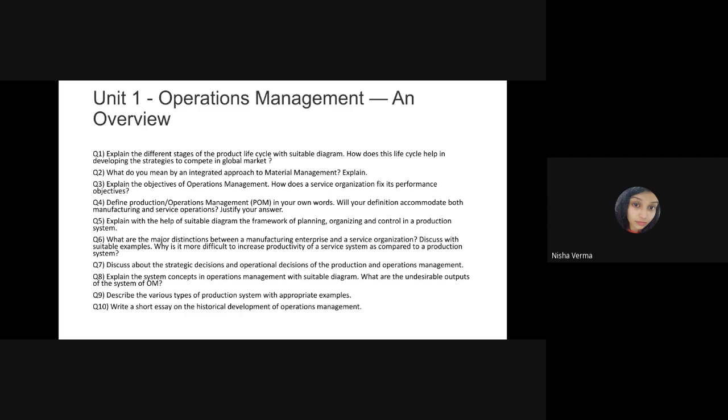of high quality product. And in material management, we implement scientific inventory control techniques to reduce investment and maintain control of stores and purchases.